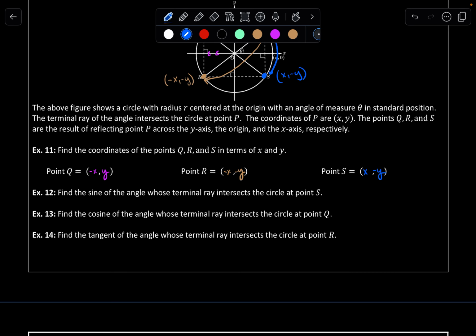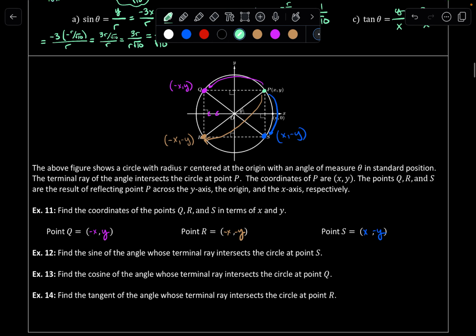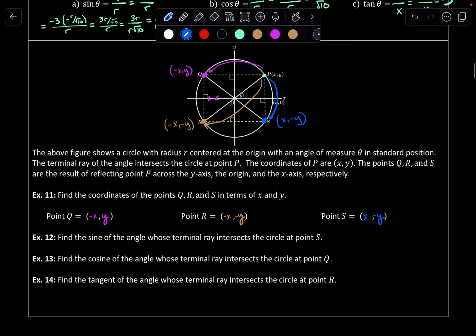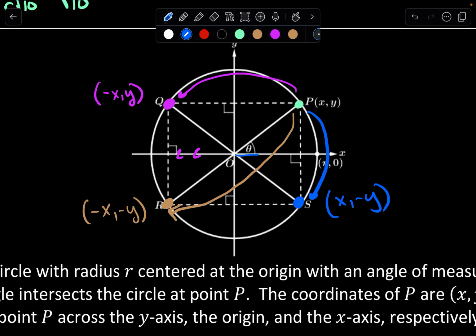So example 12 says find the sine of the angle whose terminal ray intersects the circle at point S. Okay, so at point S, we're working in quadrant 4. So we want the sine of that angle. We'll call it alpha. Sine of alpha is equal to, and we're going to be working with this triangle here in quadrant 4 for S. Okay, so there's our angle at the origin.